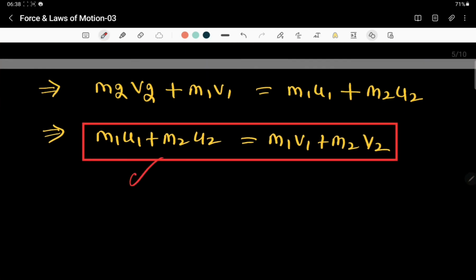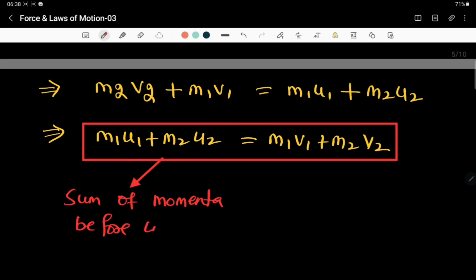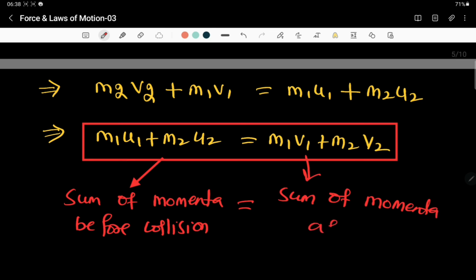The meaning of it is sum of momenta. This m1 u1 plus m2 u2 is the sum of momenta before collision, and this m1 v1 plus m2 v2 is the sum of momenta after collision.